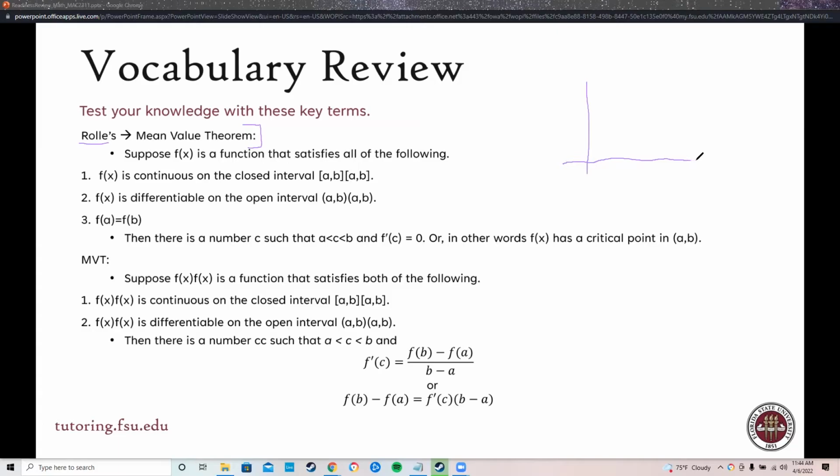a function or a graph that is continuous on some interval [a, b] and is differentiable, meaning that there are no breaks or sharp points.